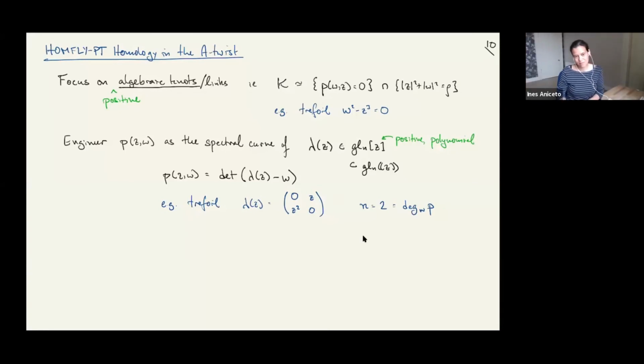When one takes a knot described by, say, a plane curve singularity, one expresses that plane curve singularity as the characteristic polynomial of some matrix, and then that matrix is literally going to encode for us the boundary condition.